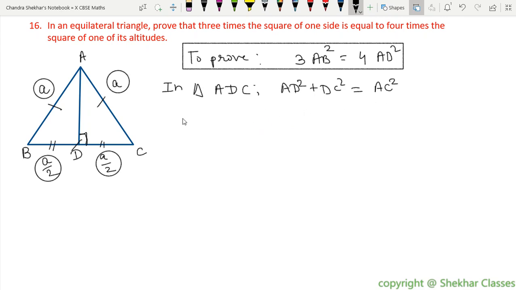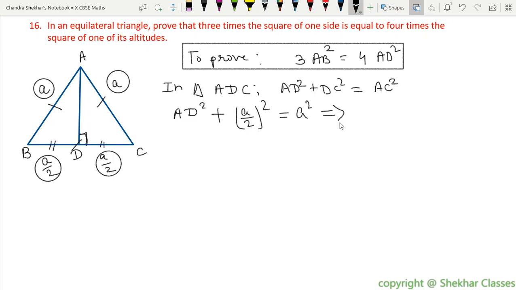So let's do it here. We can write AD square is equal to DC, which is nothing but A upon 2. Okay, I made a mistake here, it was plus. DC is A by 2, the whole square, is equal to AC, which is nothing but A square.